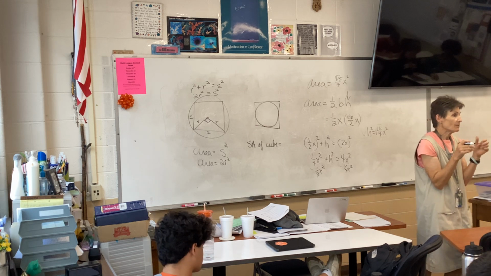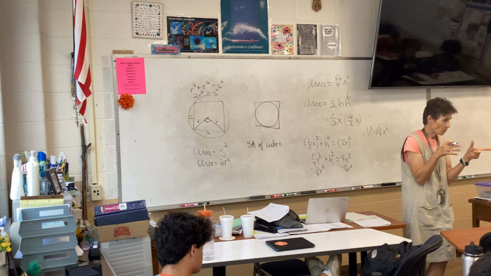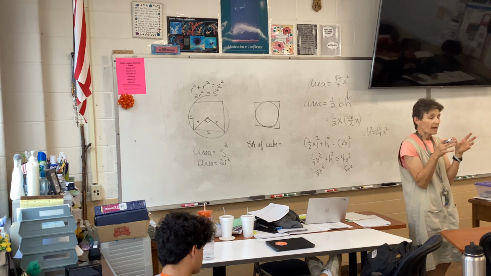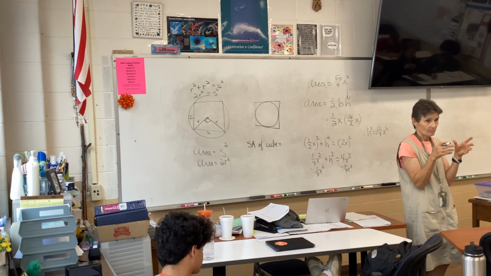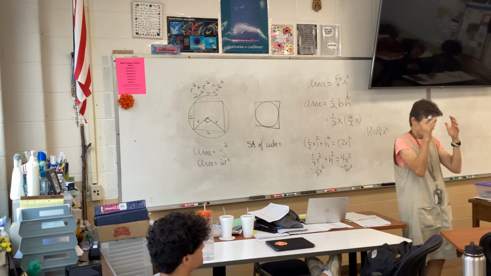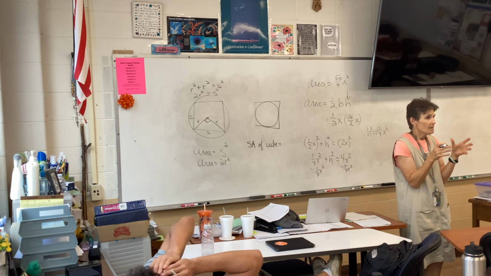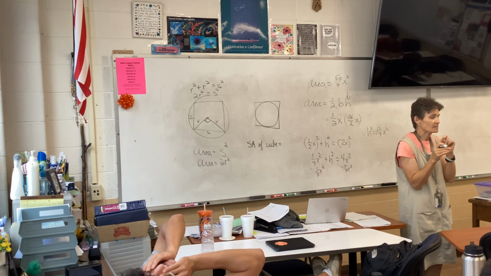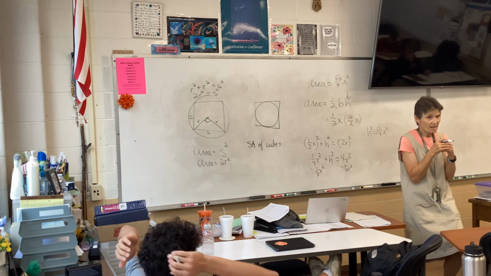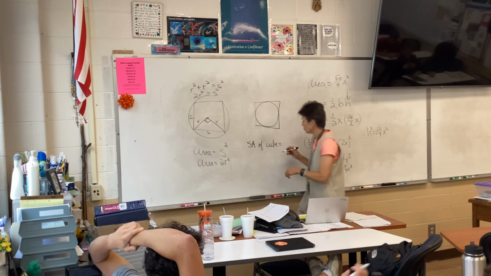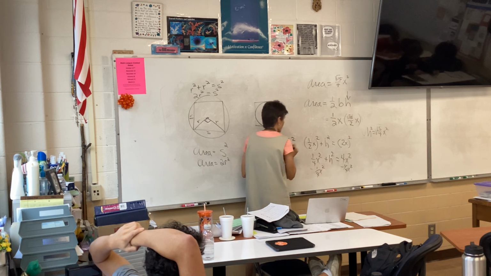Yes. And they're all what shape? Squares. And how do we find the area of a square? S squared, right? The area of a square is S squared. Now, how many faces does the cube have? 6. So the surface area of a cube would be 6S squared.